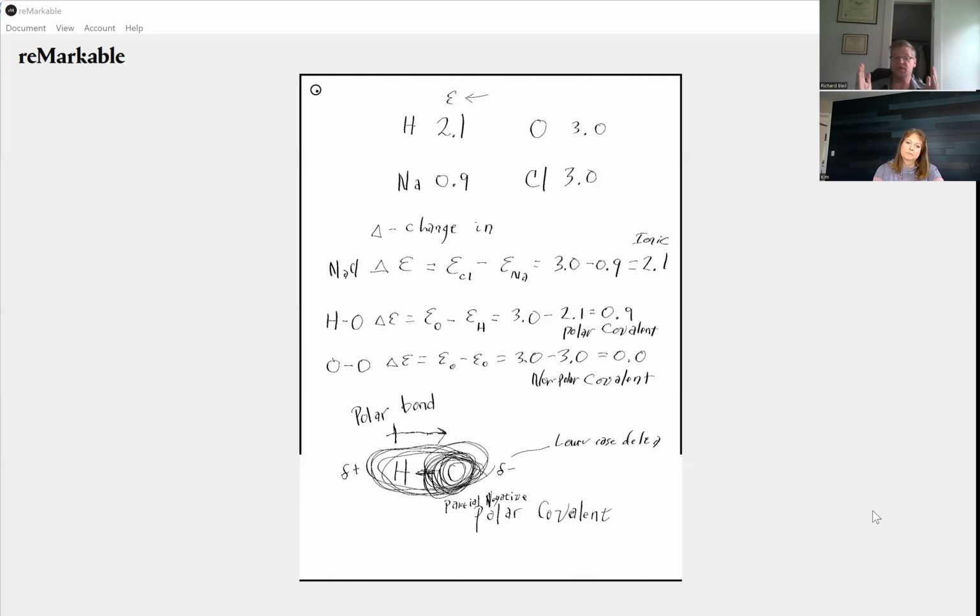Well, we know if it's polar covalent or non-polar covalent or ionic based on Pauling's electronegativity scale. You just take the difference, just like we did up here. You just subtract the two. But we need some kind of a cutoff of what goes where.